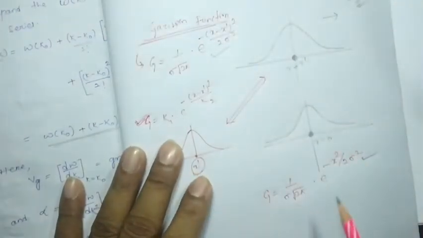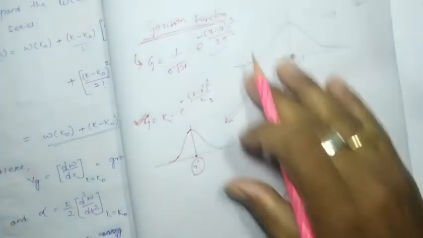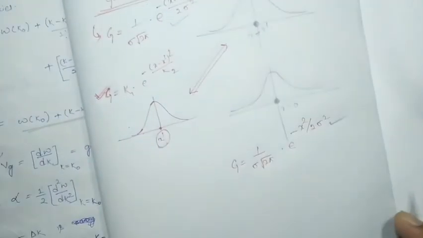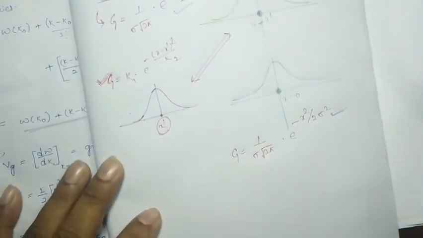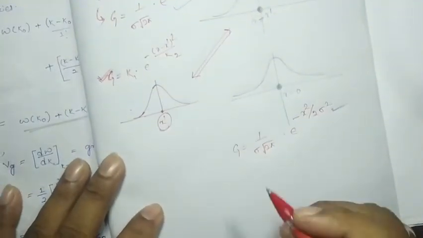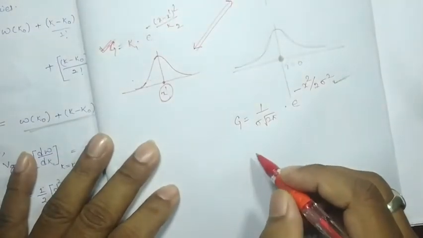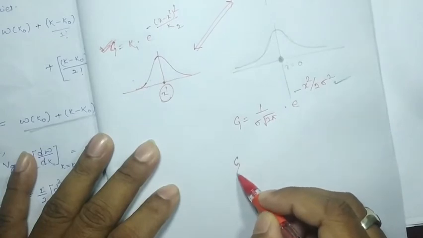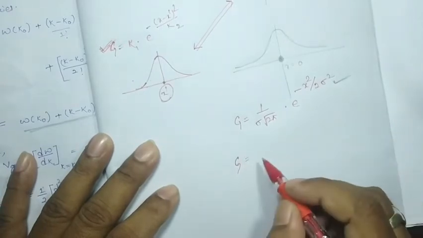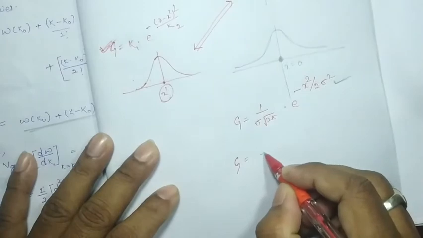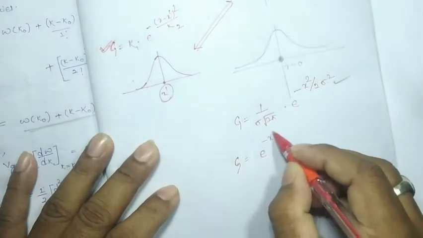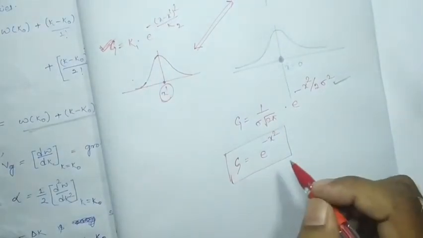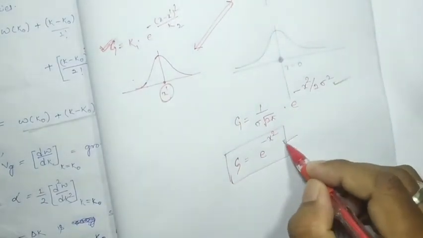In a very simple way, if you want to remember the Gaussian function, it will be e to the power minus x square. That's it. The very simple representation of the Gaussian function is this one.